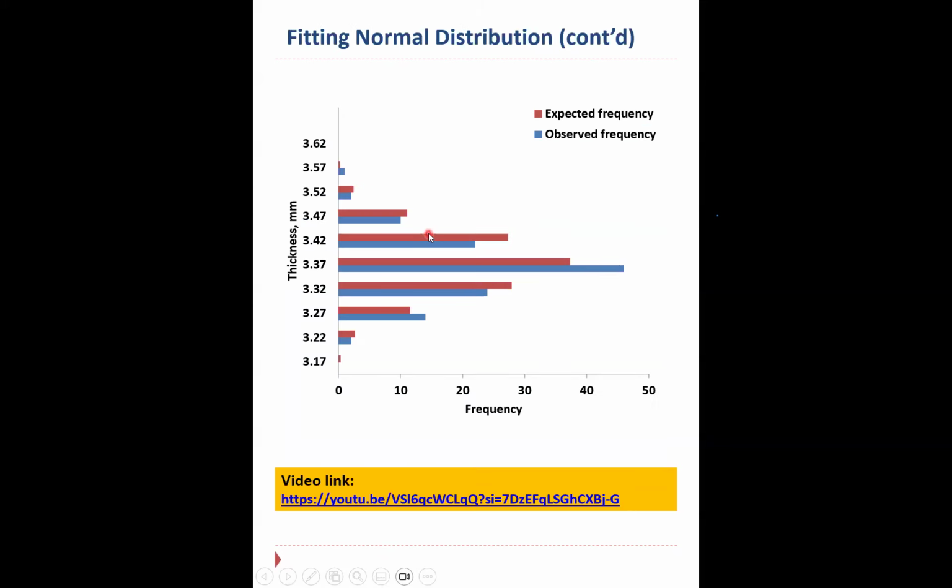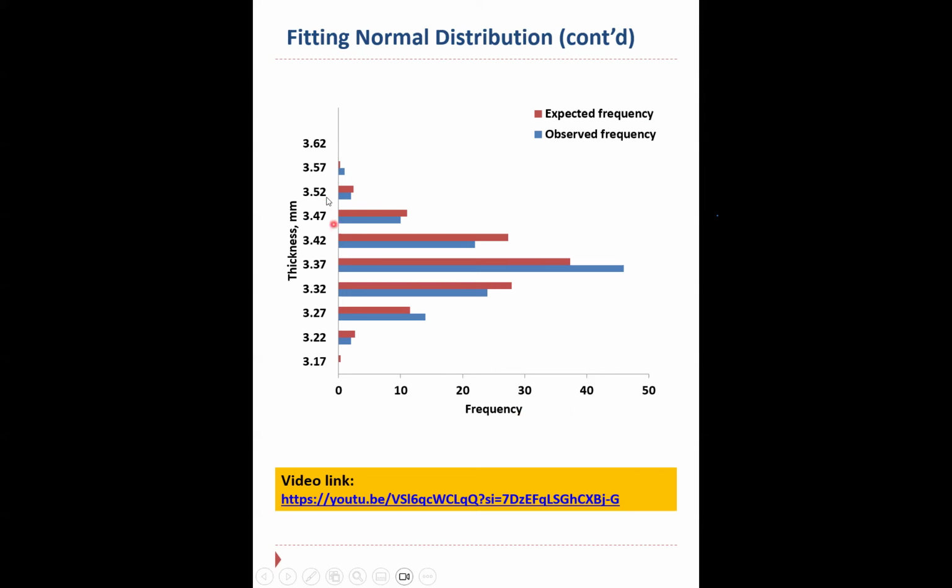So if we carry out these calculations, we can generate this type of frequency comparison graph. So sometimes the thickness is plotted on x-axis and frequency on the vertical axis. Well, this is also a kind of similar representation. Here we have chosen the thickness variable on the vertical axis and frequencies on the x-axis.